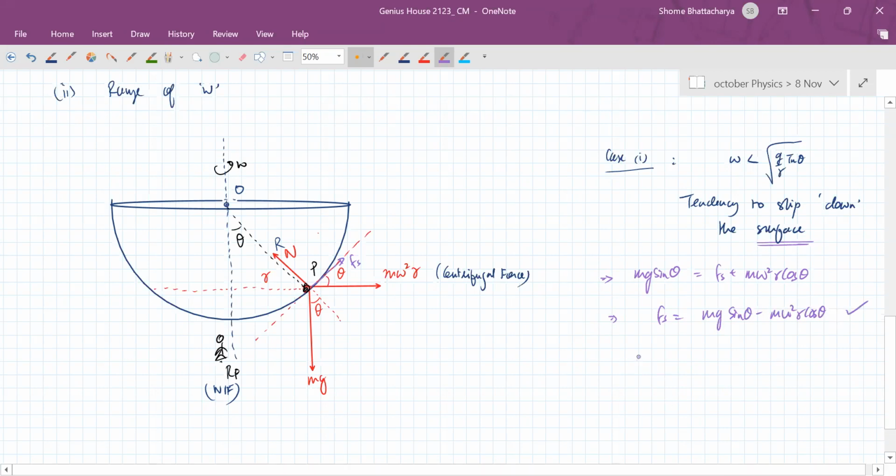Now this static friction cannot exceed mu n. So the smaller the value of omega you make, the more the demand on friction, but the demand on friction cannot exceed mu n, and n over here you can see is mg cos theta plus m omega square r sin theta.